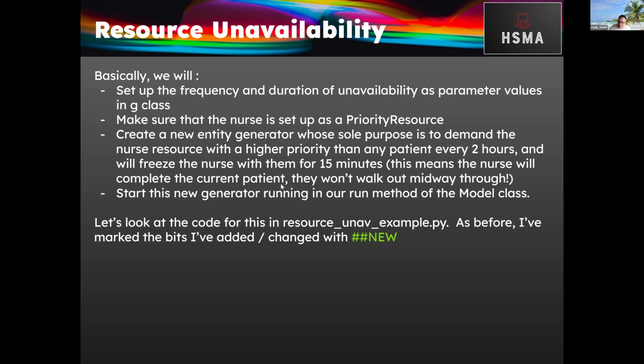And we'll create a new entity generator that doesn't actually represent new entities coming in. Its sole purpose is just to grab and block this nurse for an amount of time, every X amount of time, which represents our frequency. And then we need to remember to start that generator running alongside our arrivals generator.